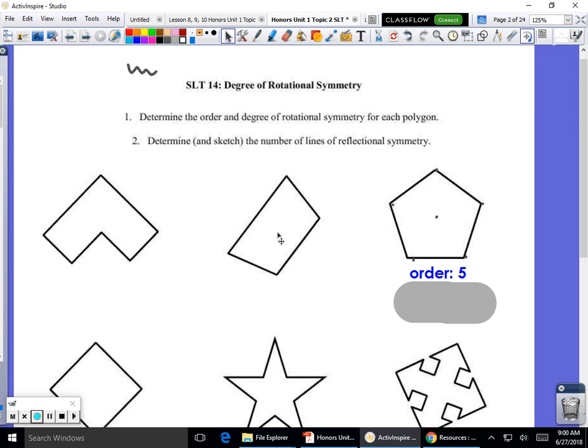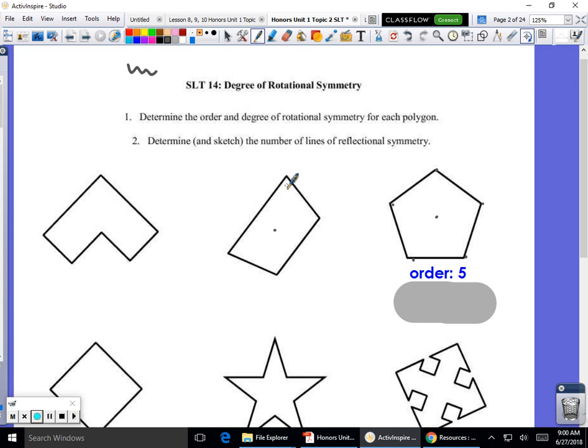On this shape, if I look from the center, I can't rotate it. Really just the order is 1. So we don't really talk about that as having an order of rotation because it doesn't have rotational symmetry. It has reflectional symmetry, however.